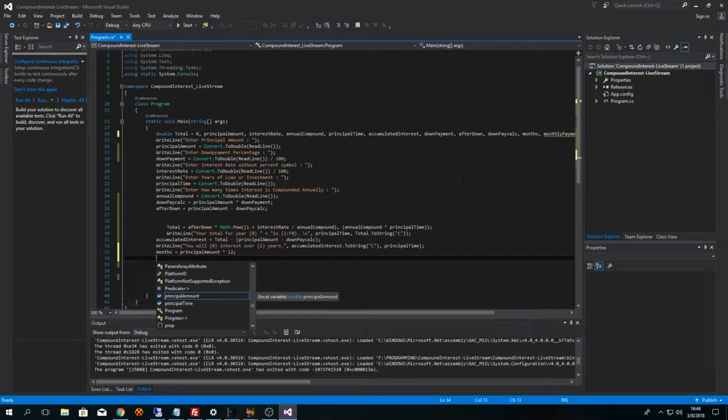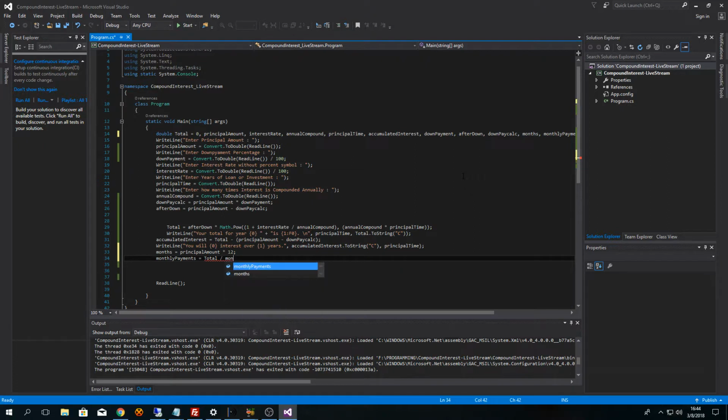To calculate our monthly payments, we'll do monthly payments equals total divided by months. So, for example, if there's 5 years in the loan, then this is going to multiply 5 times 12, because there's 12 months in a year.